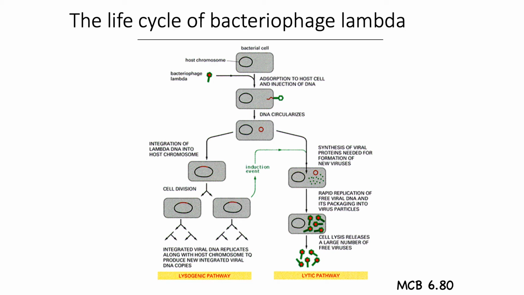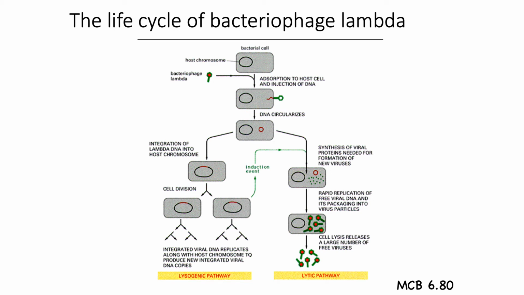Now, if the lambda senses that the E. coli cell is not doing very well, and it has a number of proteins that are used to sense if the E. coli is happy, if it's replicating normally, and if it senses that that's not the case, it will reverse itself.